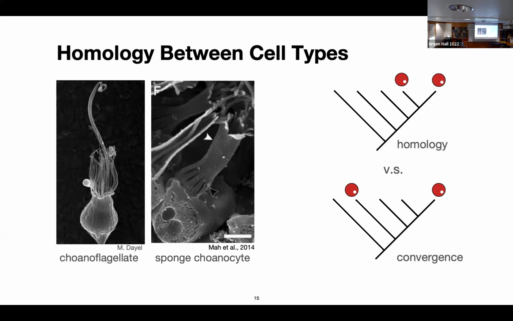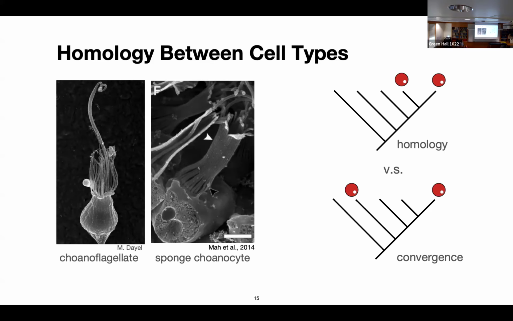Another classic question is homology between cell types. So let me introduce you to a story. So choanoflagellates, the closest unicellular relative to animals, and sponge choanocytes, the sponge feeding cell type, have long been assumed to be homologous. And that's because they show this really striking morphological character, which is that collar of microvilli surrounding a flagellum. So this has been used as a basis to argue that sponges are sister to the rest of metazoa.